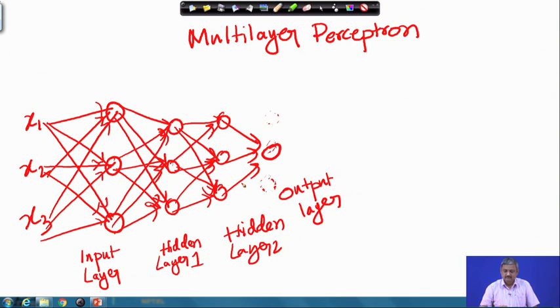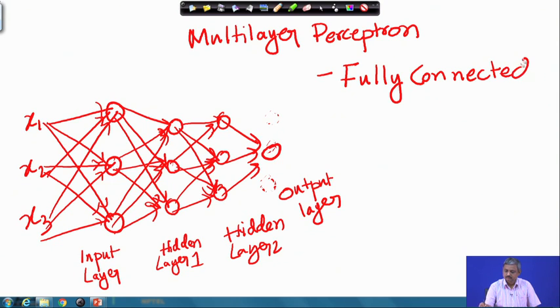So, two things you observed. First thing, it is a fully connected network. Every node in a layer connects to all the nodes in the next layer. Second thing, every node connects to only nodes of the next layer, providing inputs to only nodes of the next layer. There is no backward connection. So, nodes of this layer will not act as input of the nodes of a previous layer.